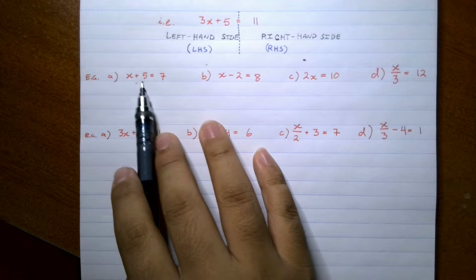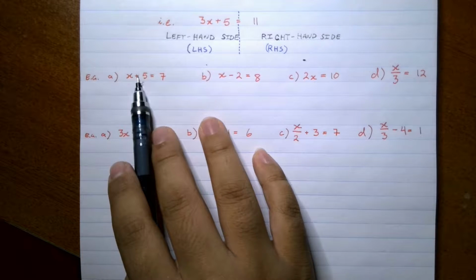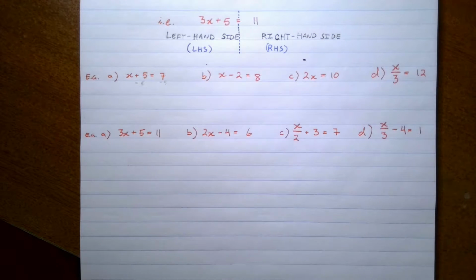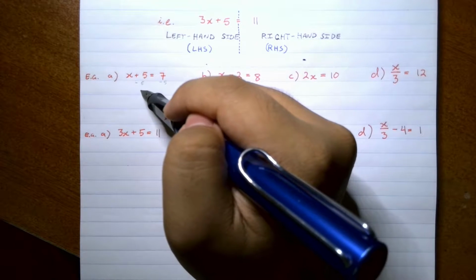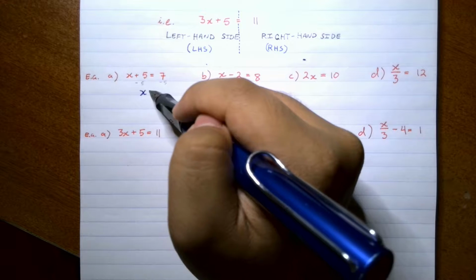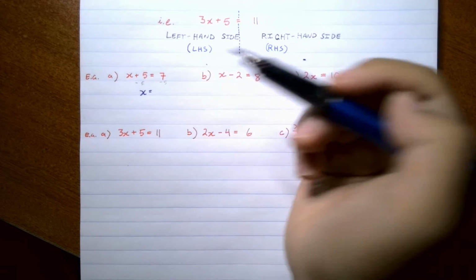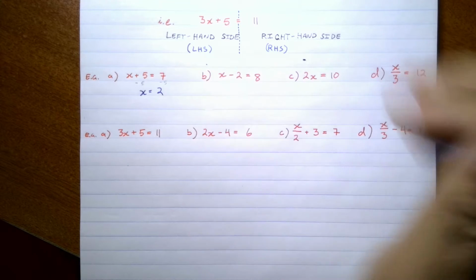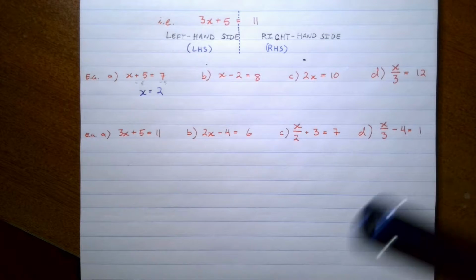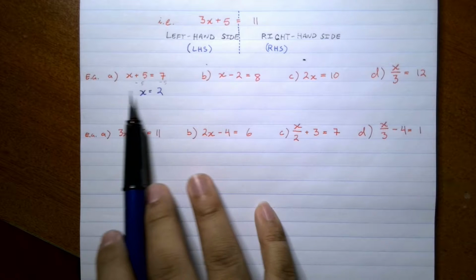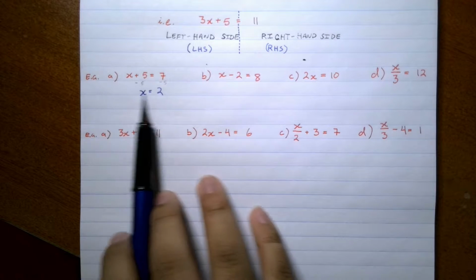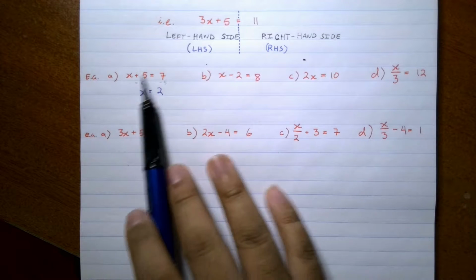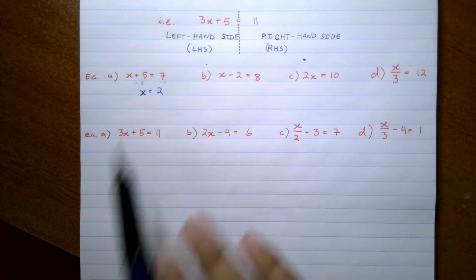Since we've subtracted 5 on the left-hand side, we have to also subtract 5 on the right-hand side, like so. So our answer will be x equals, because now the 5's go away, 7 take away 5 becomes 2. So you can see we no longer need to construct or build the equation before we reverse it. We can just intuitively see what we have to subtract.